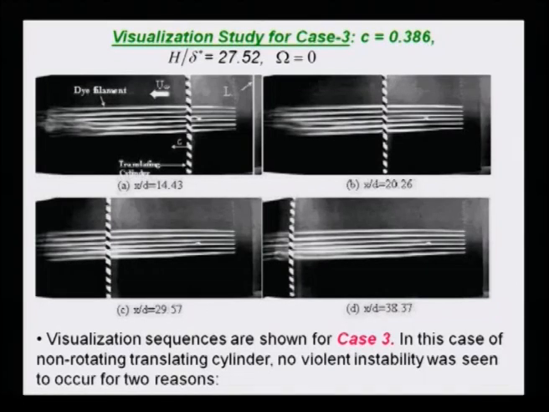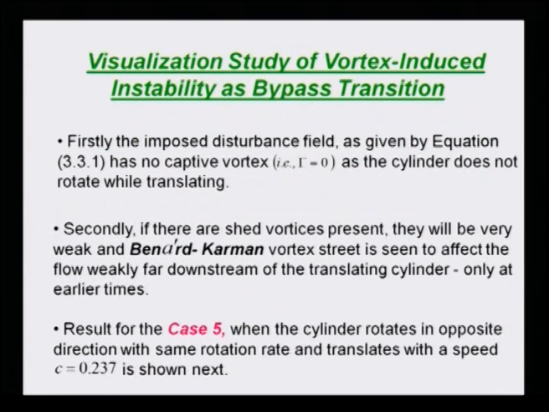Okay. So, that is what we are saying, that in this case of the non-rotating translating cylinder, we do not see any violent instability for two reasons. Firstly, the imposed disturbance field as given by that equation has no captive vortex, gamma equal to 0, because the cylinder does not rotate while translating. Secondly, even if there are shed vortices, they will be very weak, and the corresponding Bénard-Karman vortex is seen to affect the flow rather very weakly in far downstream locations. Why does it affect farther downstream locations?